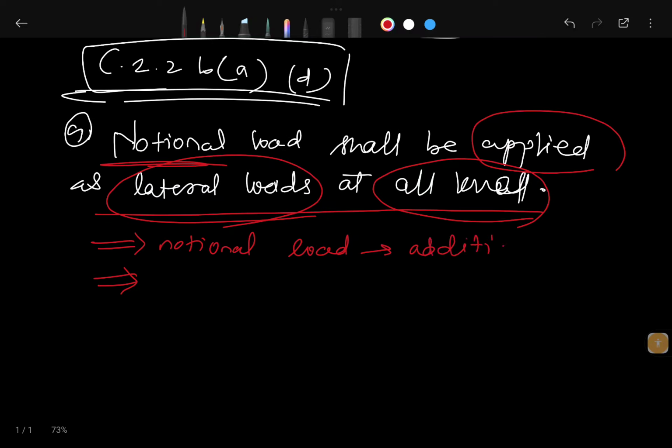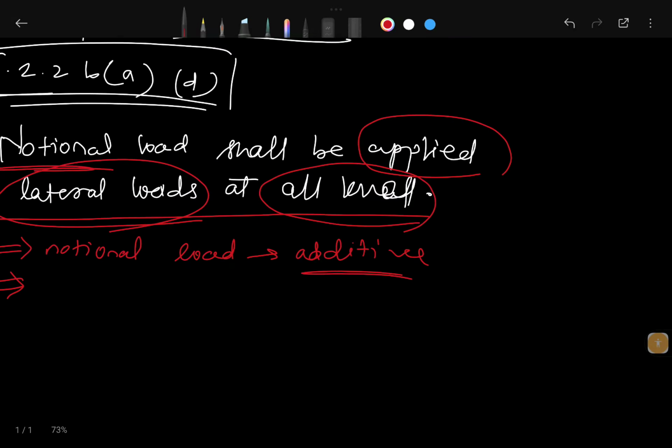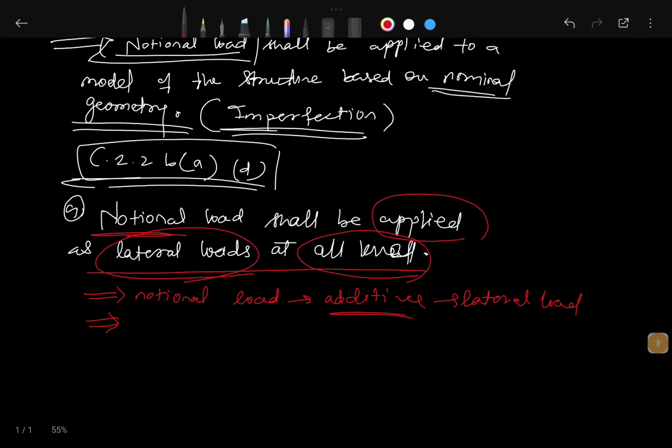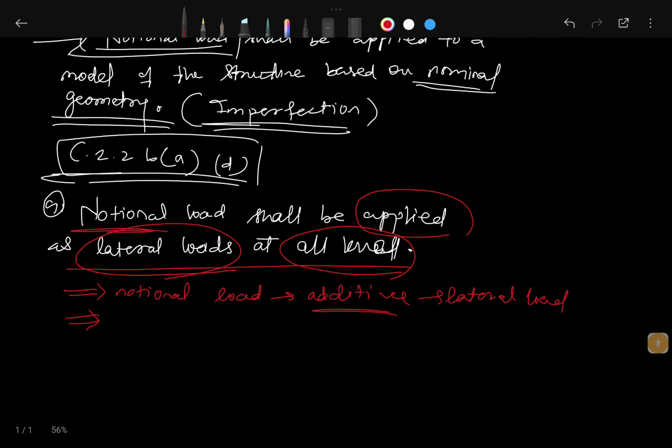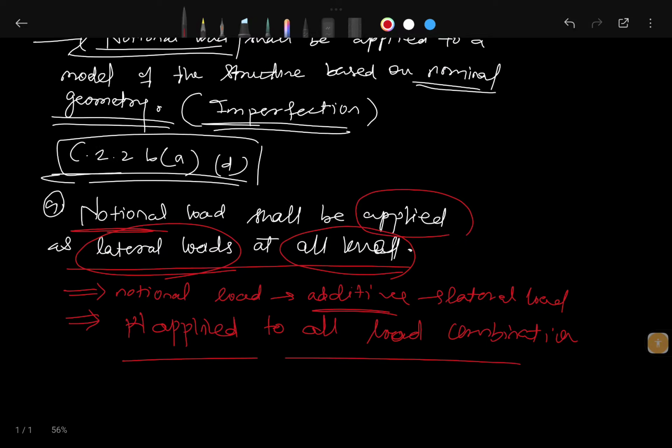Whatever lateral loads we apply, this load we also add to those lateral loads. And the second point, we apply it to all load combinations. So these two points we generally consider for notional load.